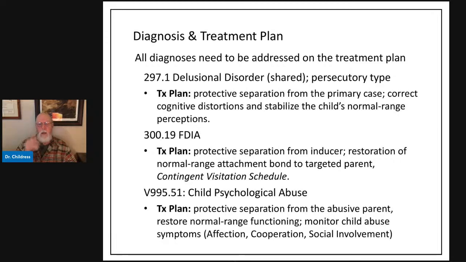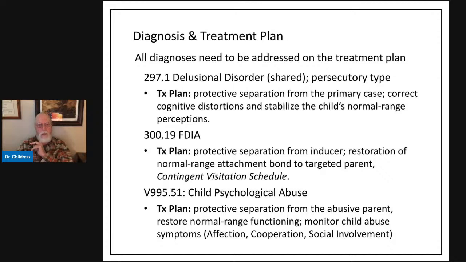Then for the factitious disorder, the treatment plan might indicate a protective separation from the inducer, which is again the recommended treatment for a factitious disorder imposed on another. And then restoration of the normal range attachment bond to the targeted parent. And then the intervention might be something like the contingent visitation schedule for that. So that's what would look potentially like a bullet point on the FDIA treatment plan.